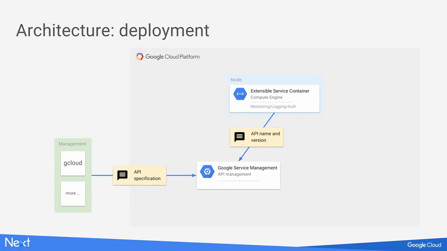Then, when you run that gateway, the gateway is going to communicate with the Google Service Management, and it's going to say, hey, I want to serve this API name and this version. Give me everything I need. Basically, it's going to get all the information from the API, plus authentication, all the stuff. This is just the deployment part. That's why you can run that container anywhere.